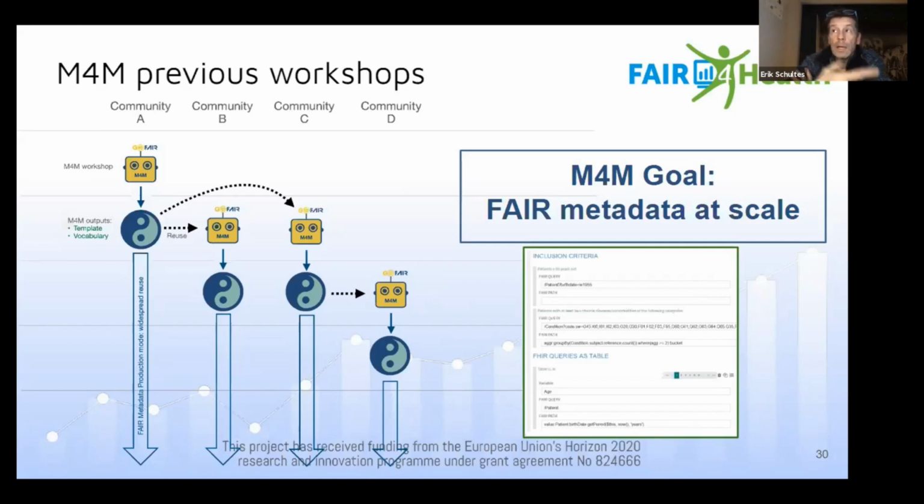So for example, the metadata templates that we may hear about later that have been created in FAIR for Health, these templates and the vocabularies can be reused by others who come along, who may have similar concerns. And so what I'm showing in this diagram is that we have a series of different communities that may run metadata for machine workshops, and they could very much draw on the work done by other, previous communities in creating their own metadata assets.